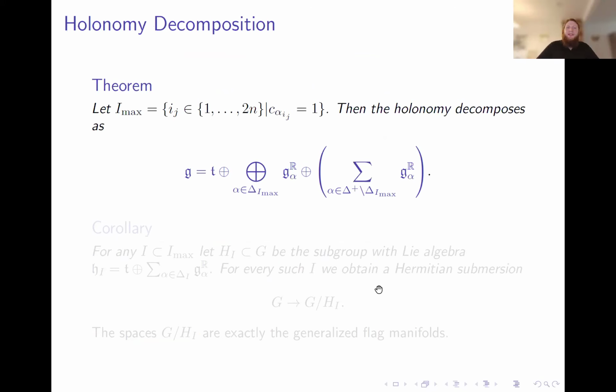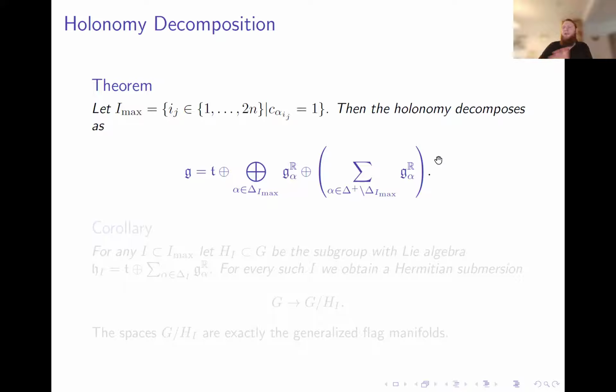I told you before that these simple roots where the coefficients are 1 are kind of special, and I'm going to call them Imax. Then I can show that the holonomy decomposes: the trivial representation of the maximal torus, and then all the roots generated by these simple roots, which are 1, split off as their real root spaces, so as two-dimensional representations of the holonomy.